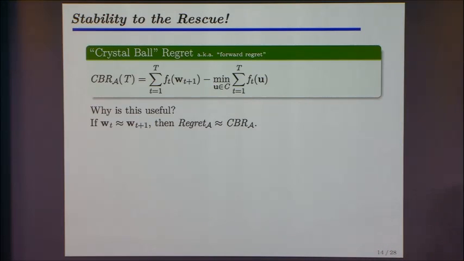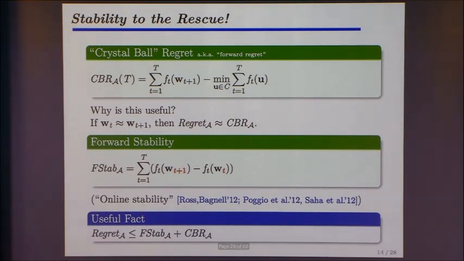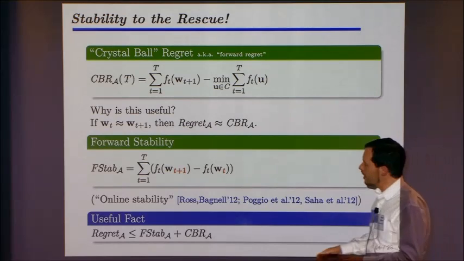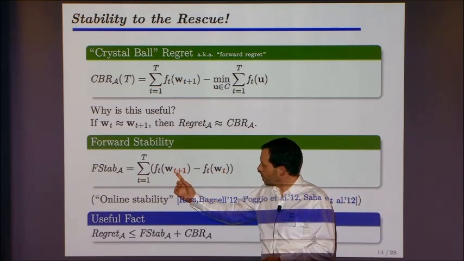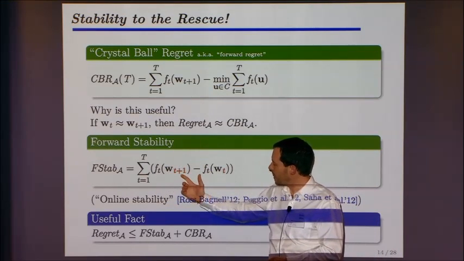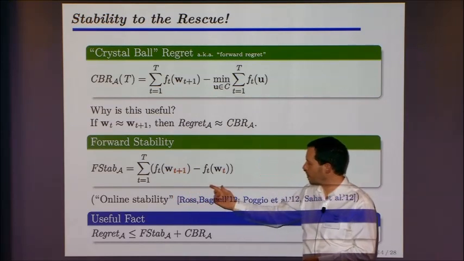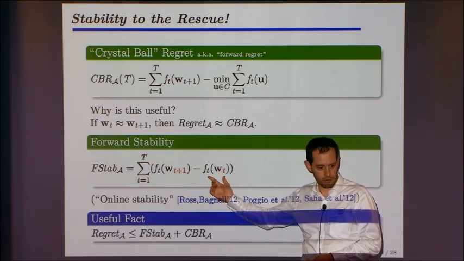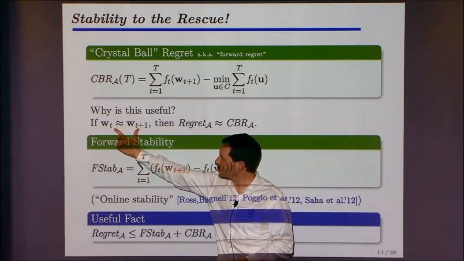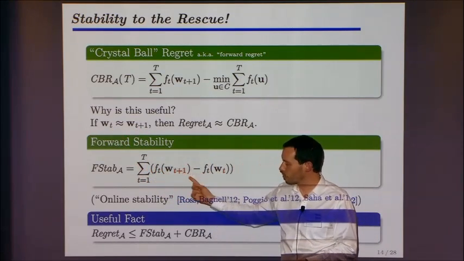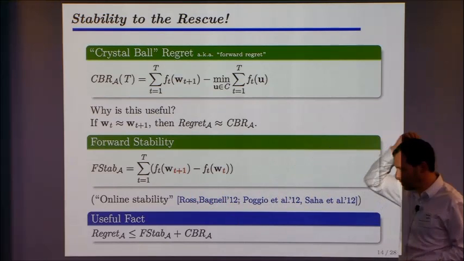And so this motivates us to formulate another condition, which we'll call stability. Stability is just the sum over all time steps of the difference between the cost I pay in the crystal ball model and the cost I pay in real life, right? The idea is if each of these pairs is close, then each of these terms will be small, and maybe that'll buy me something.